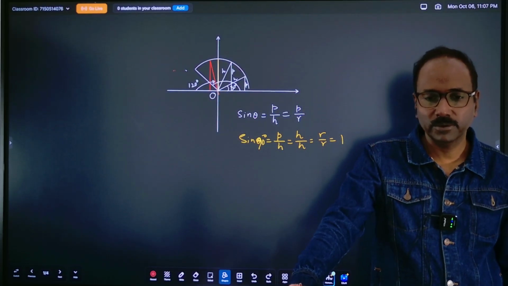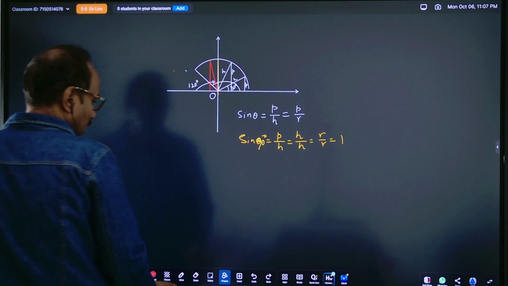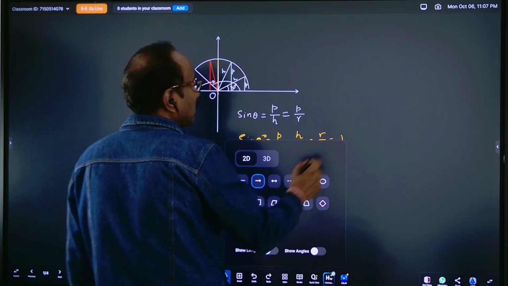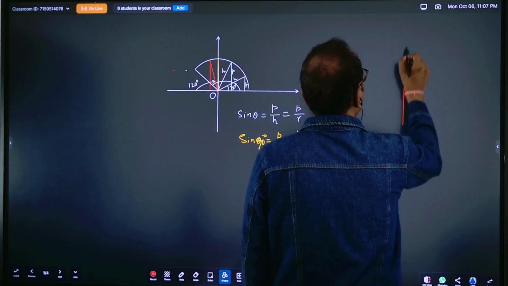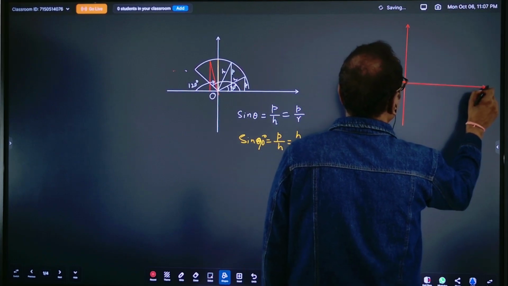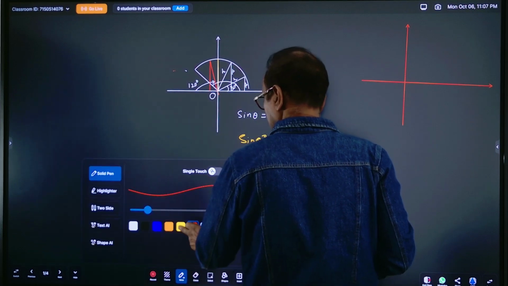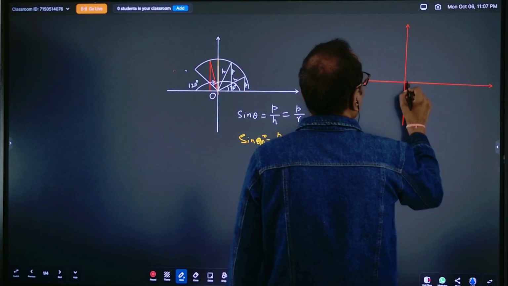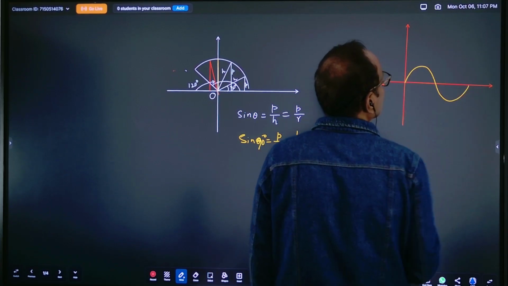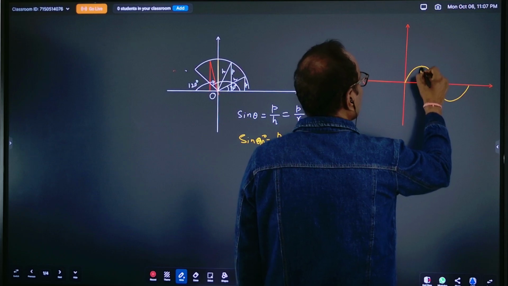So this way also you can understand, or the other way, if you are well versed with the graph, you know the sine curve, how the sine curve is drawn. So the sine curve goes like this. This one is your 90 degree angle here.